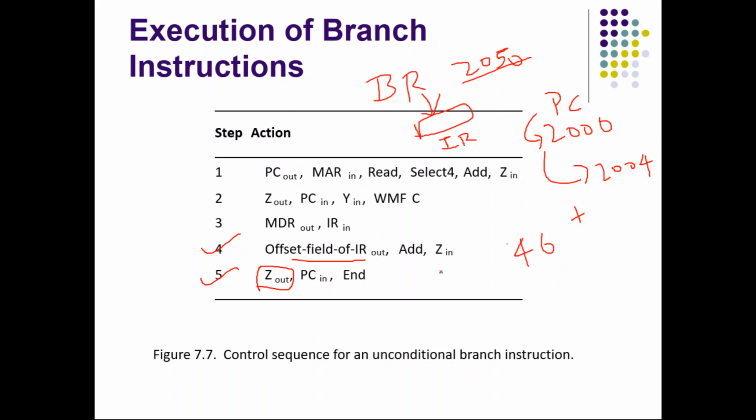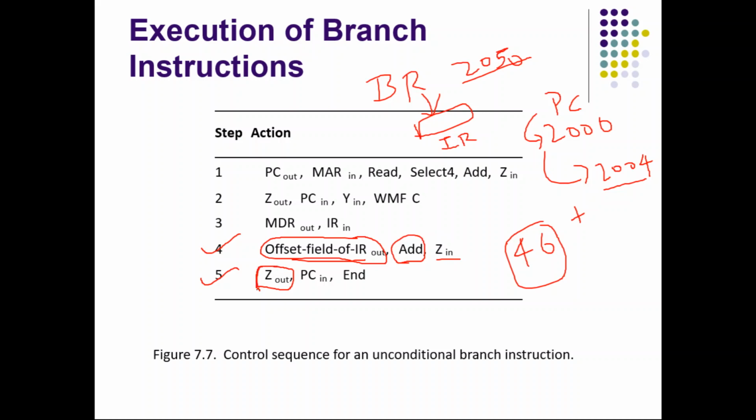That is called the offset. The offset is the target address minus the current PC. This offset is added to whatever is currently in the program counter, and the result goes into Z. So Z contains the result of the branch instruction.